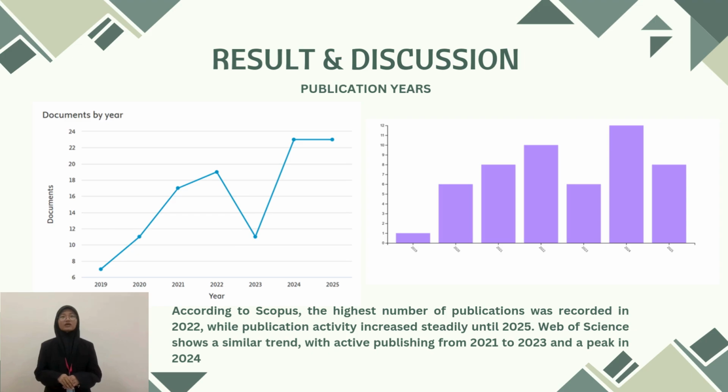It shows that they have already upgraded their publishing. The Web of Science bar chart shows that from year 2020, they engaged in active publishing in 2021, 2022, and 2023. The highest was in 2024, with 12 documents.